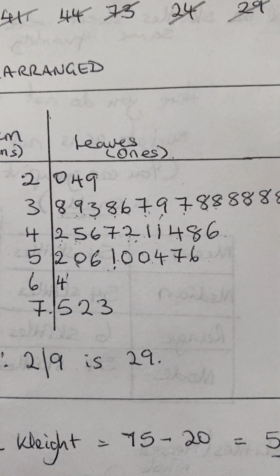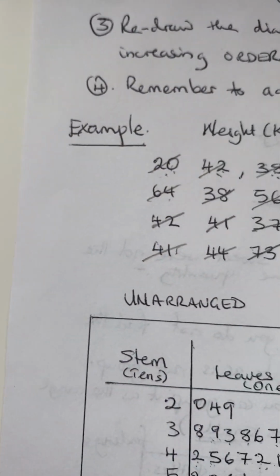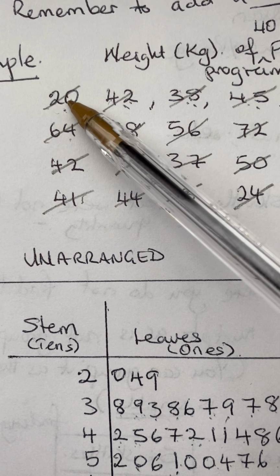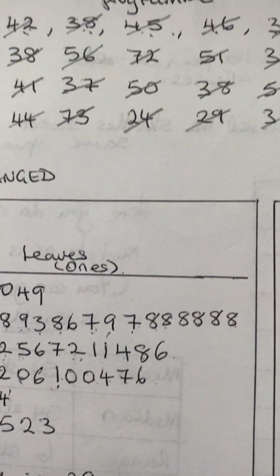So for the unarranged data, first of all I have a pencil, and I realize after scanning through that it's from 20 to 75.